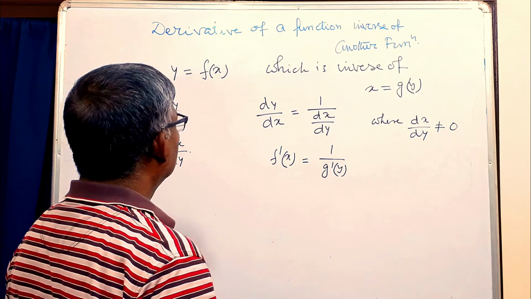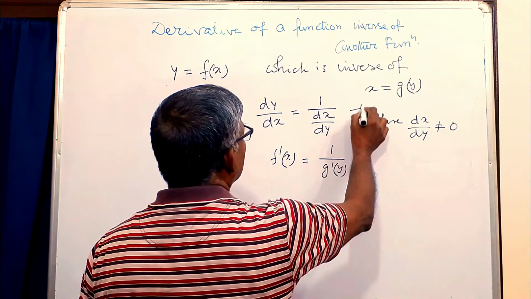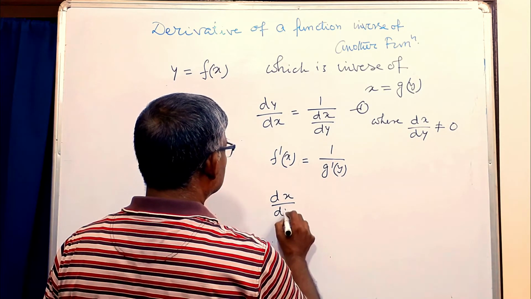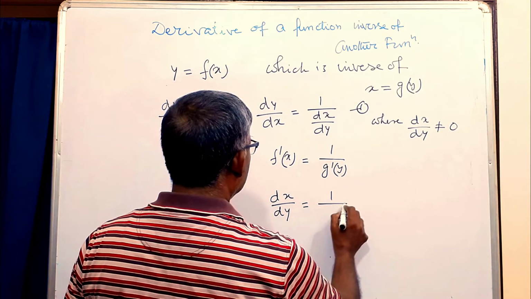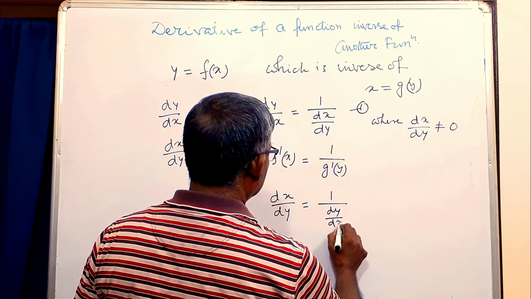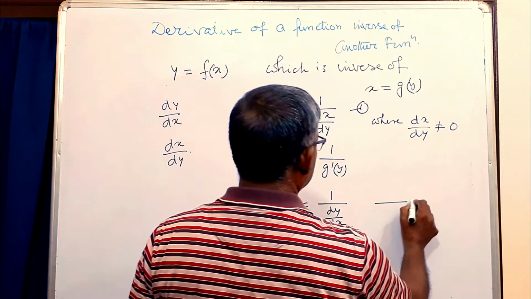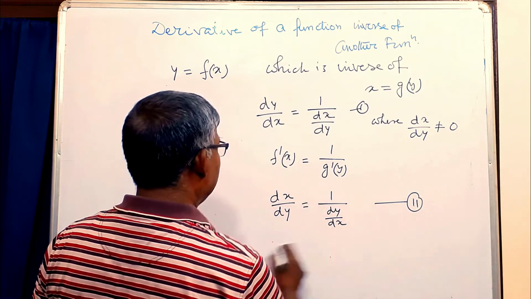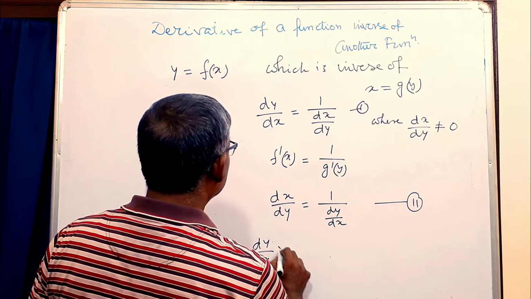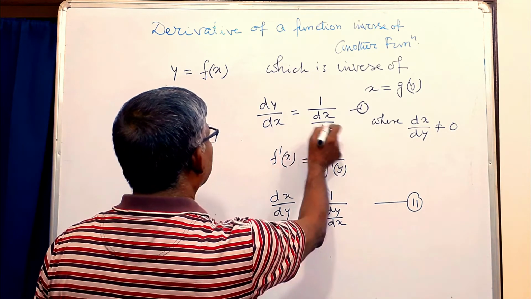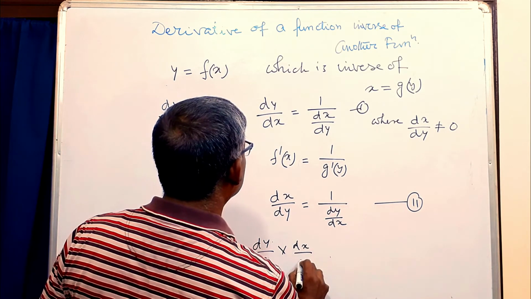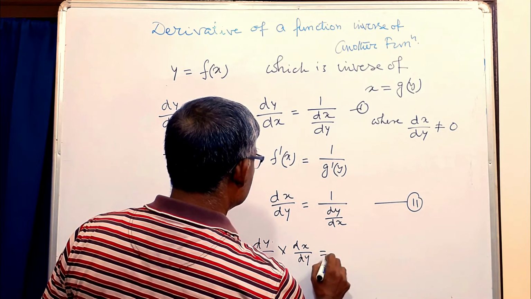So from this relation we can also get dx/dy equals 1 by dy/dx, or we can write dy/dx into, if we take cross multiplication, into dx/dy equals 1.